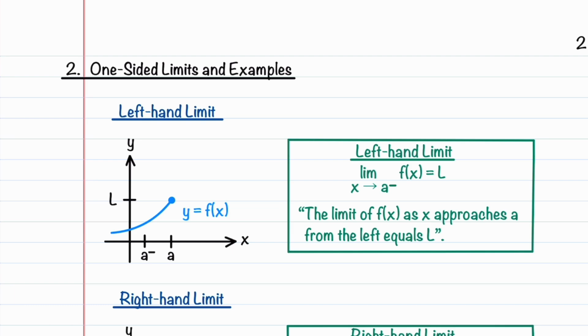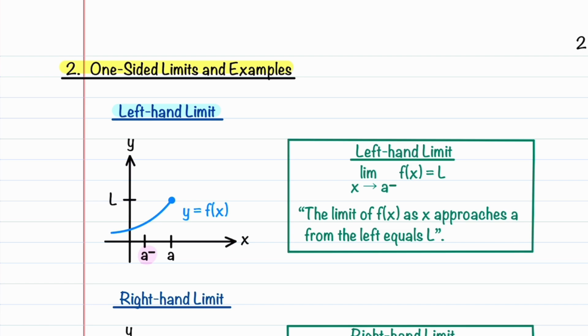Now that we have an intuitive understanding of what a limit is, let's learn about one-sided limits and look at some examples. We're going to start with a left-hand limit. When we have a left-hand limit, we start with a point to the left of a, and we call this point a from the left.